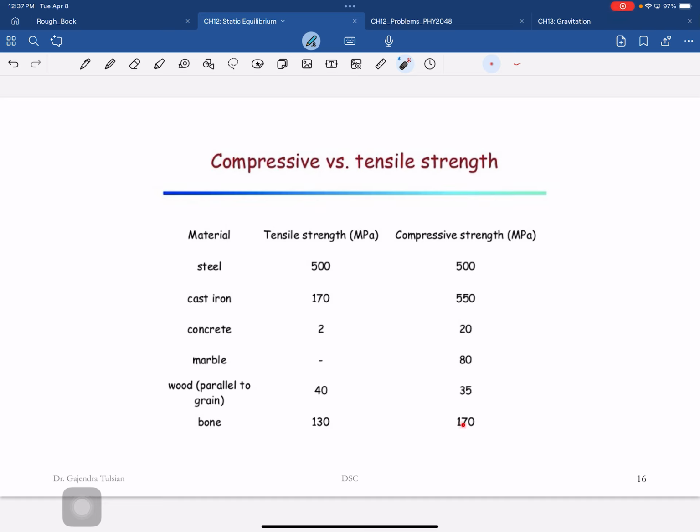Your bones are 50% stronger under compressive forces. So here's the deal. As soon as you look at this table, if you're a civil engineer, what you're thinking is, if I'm going to apply large forces, I'm going to make sure that they're compressive forces. So that's what we want to study.